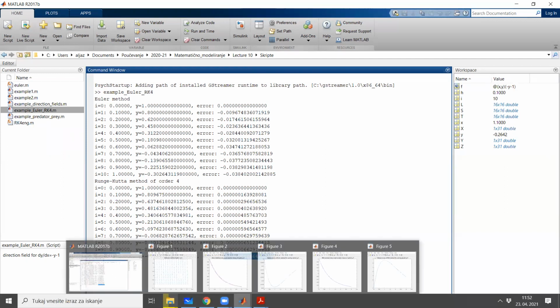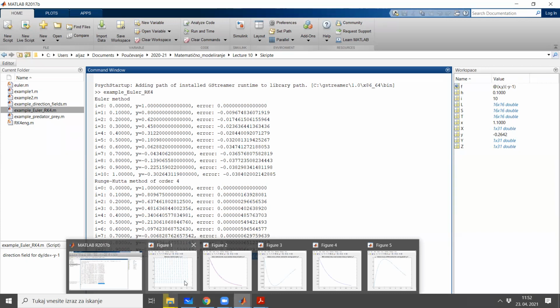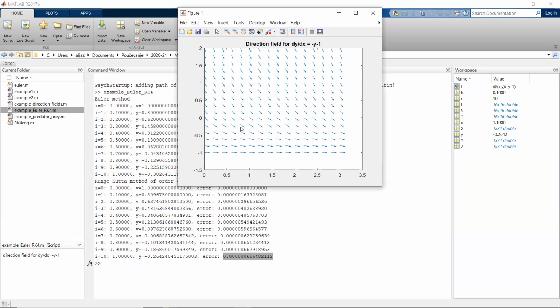And here I can show you also the figures. This is the direction field. We have seen this direction field already last time. Those are vectors, directions of the tangents at every point. So y prime is minus y minus 1.